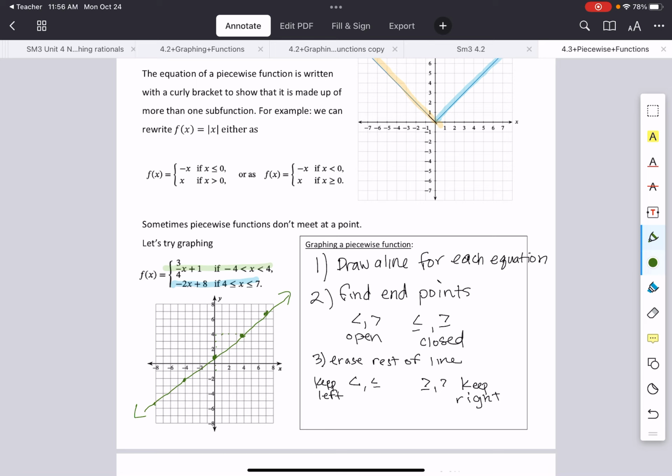All right. What are our endpoints? This little thing right here tells us our endpoints. What are our endpoints? -4. Is it an open or a closed circle at -4? Open. So I go to my -4 and do an open circle.